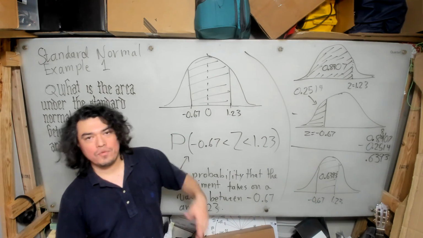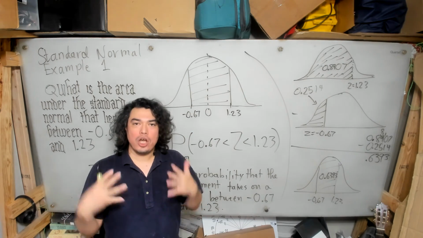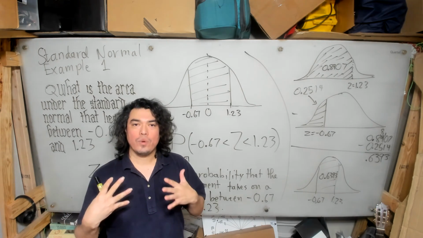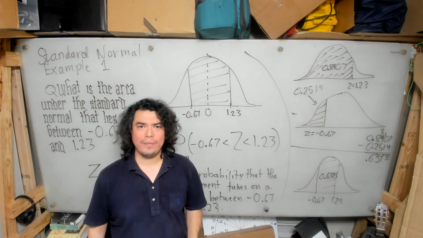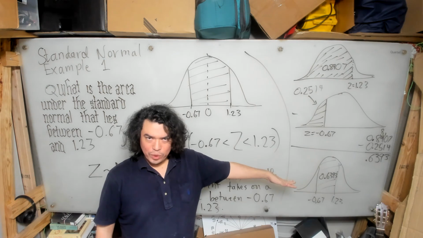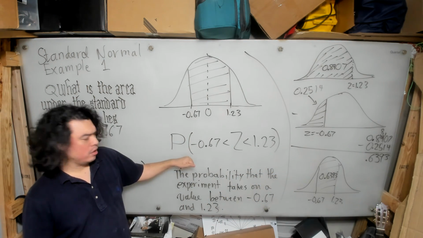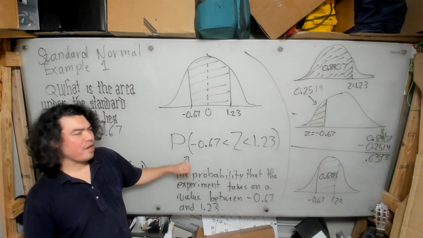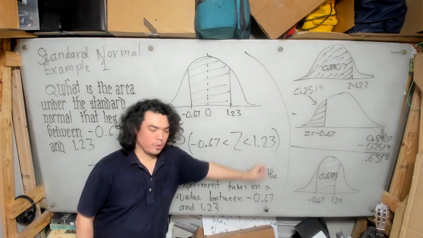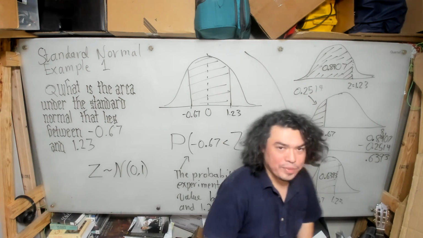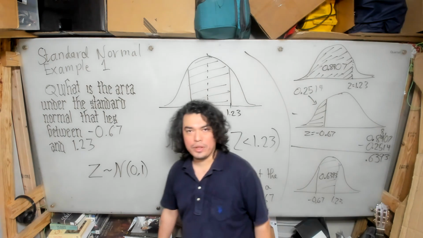If this was a practical problem, and we were talking about an experiment modeled by a random variable that happened to be the standard normal random variable, we could interpret this 0.6393 as the probability that the experiment took on a value between negative 0.67 and 1.23. I hope you've enjoyed this example, and I look forward to seeing you again soon. Thank you so much.